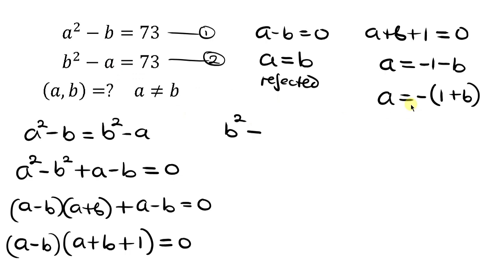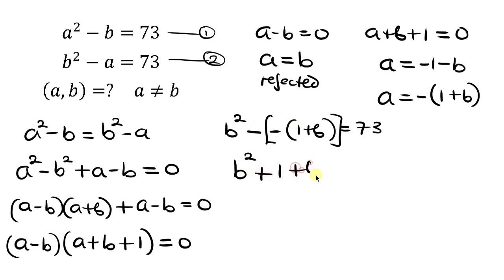What is a? A here is negative 1 plus b, and this is equal to 73. Remember, this is a. So b squared, minus times minus gives plus 1 plus b, and this is equal to 73.